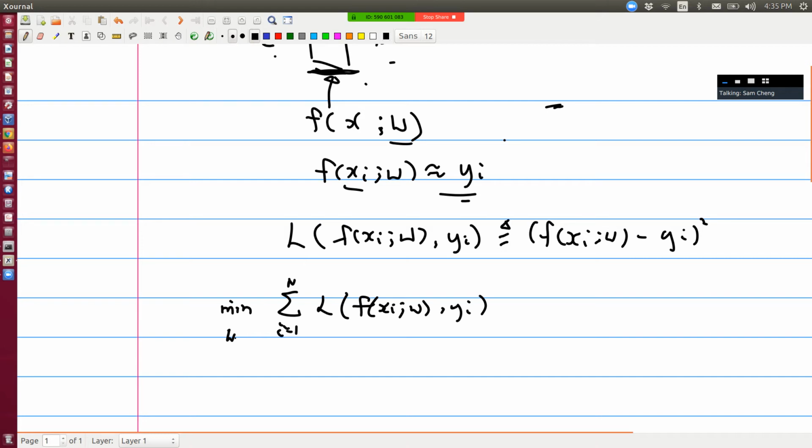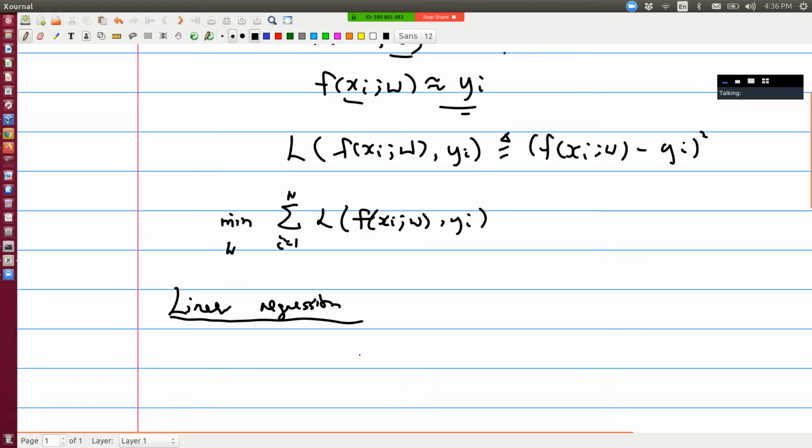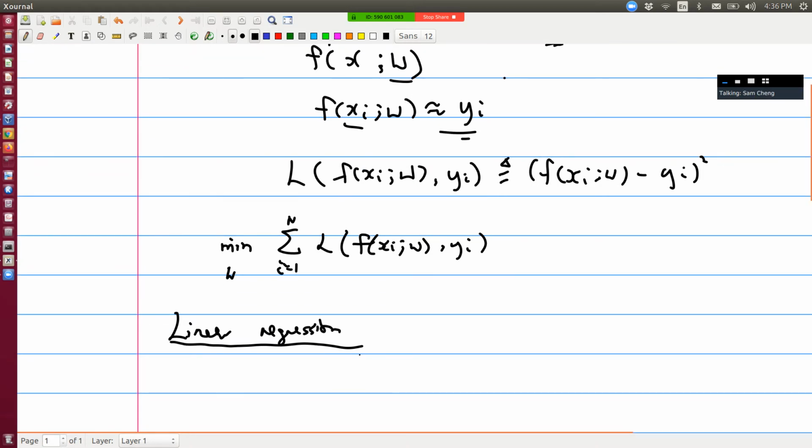So let's give a concrete example. Let's consider linear regression. A regression problem means that your output will be continuous, so it can have continuous values. Let me give a simple example. Let's say I want to predict the weight, or the mass, of some person, and I'm given the input x, which is some kind of features.